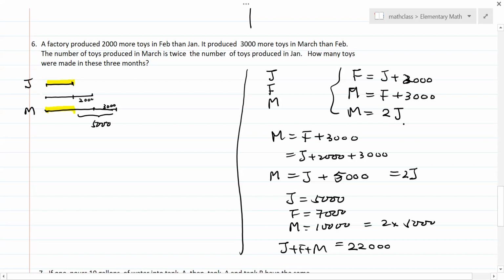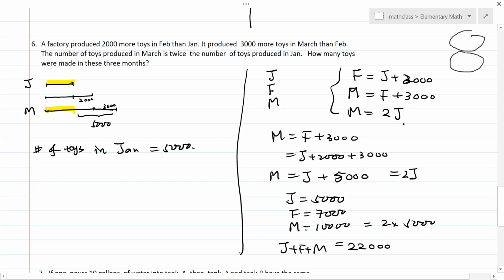But we know that's double, so that means the number of toys produced in January must be 5,000 from this picture. It's obvious. So sometimes with a picture you can see the answer quicker than from the questions, when the problem is simpler. Okay, so then it's clearly the number of toys produced in January should be equal to 5,000.